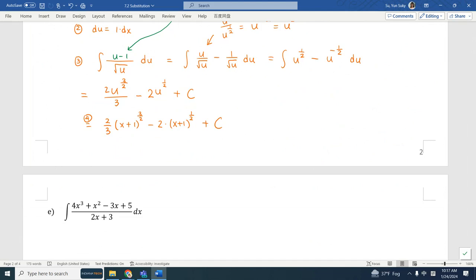If the degree of the numerator is bigger than the degree of the denominator, this is an improper fraction. So the degree of the numerator, 3, is bigger than the degree of the denominator, which is 1. So this is an improper fraction.